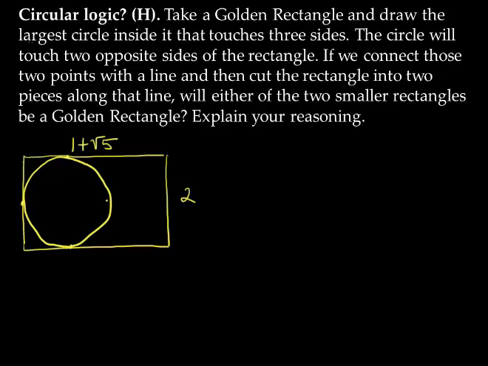Okay, so let me take another color here and say here are the 2 points on opposite sides where the circle touches, and I am going to cut down that line. And we are now asking, is this rectangle here golden, or possibly is this rectangle here golden?